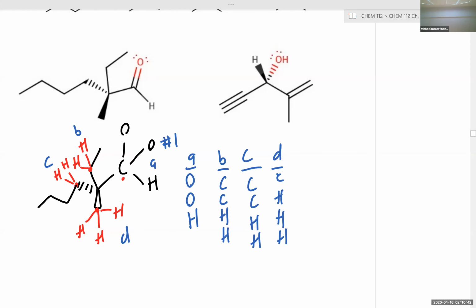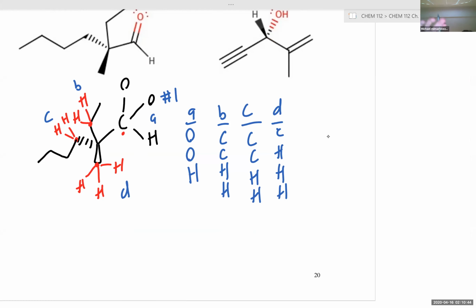Okay, so now let's do a tiebreaker. For B and C, we're going to have to look 1 carbon over. For C, we have a carbon, a hydrogen, and a hydrogen.